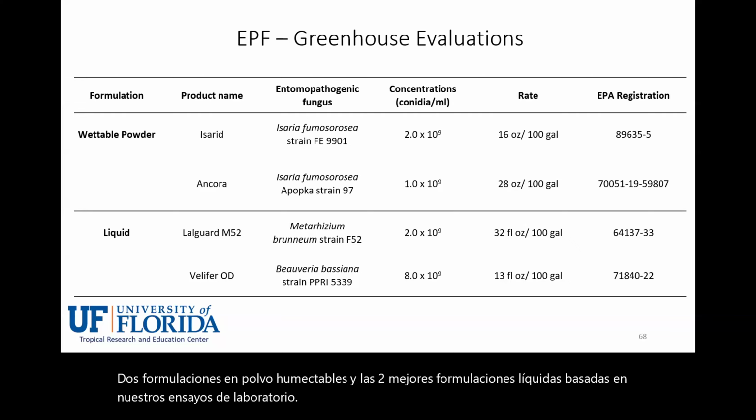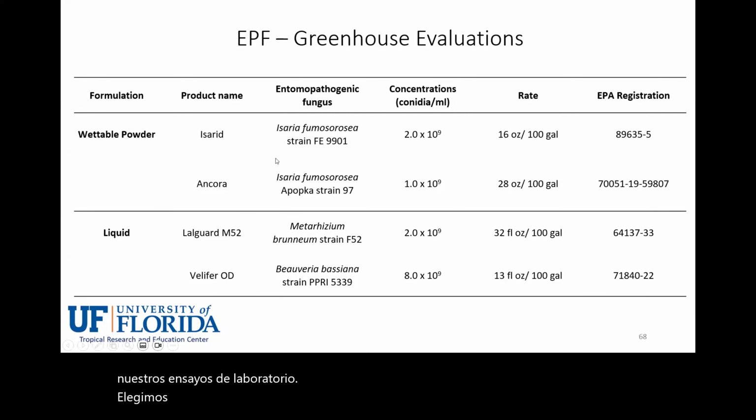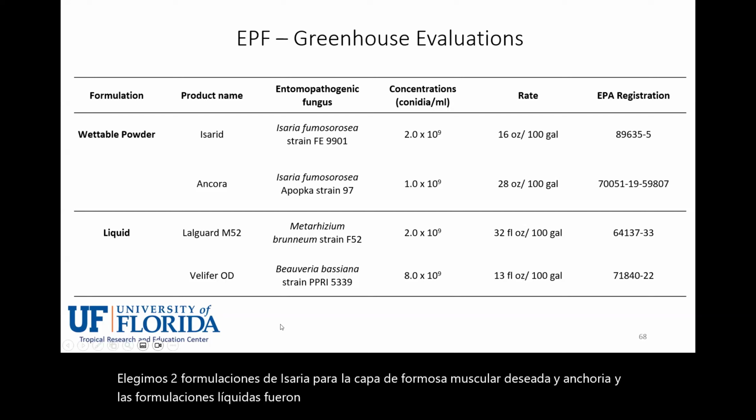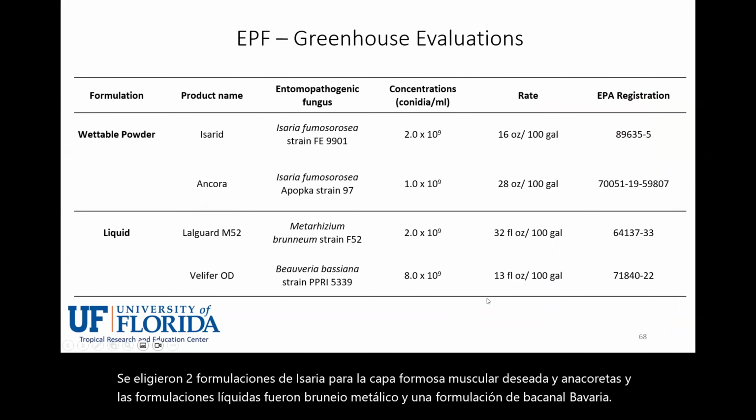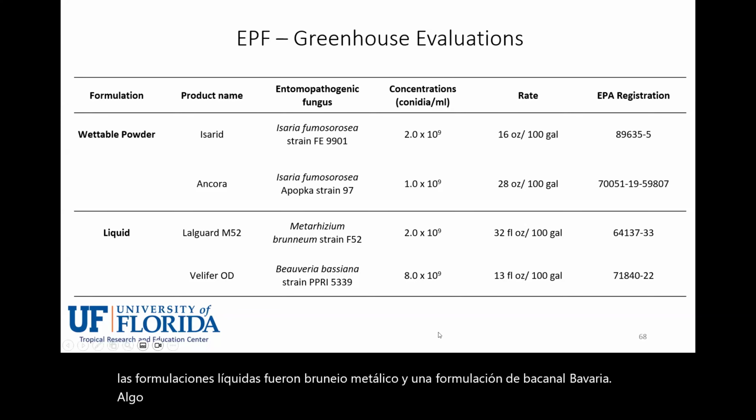We chose 2 formulations of Isaria fumosorosea, Isarit and Ancora, and the liquid formulations were Metarhizium brunneum and a formulation of Beauveria bassiana. Something that I need to mention, we used the rates that were recommended by the label this time.